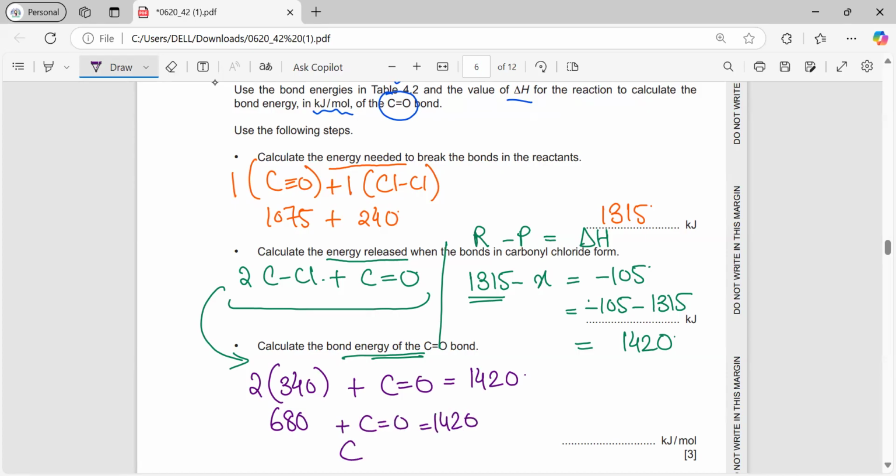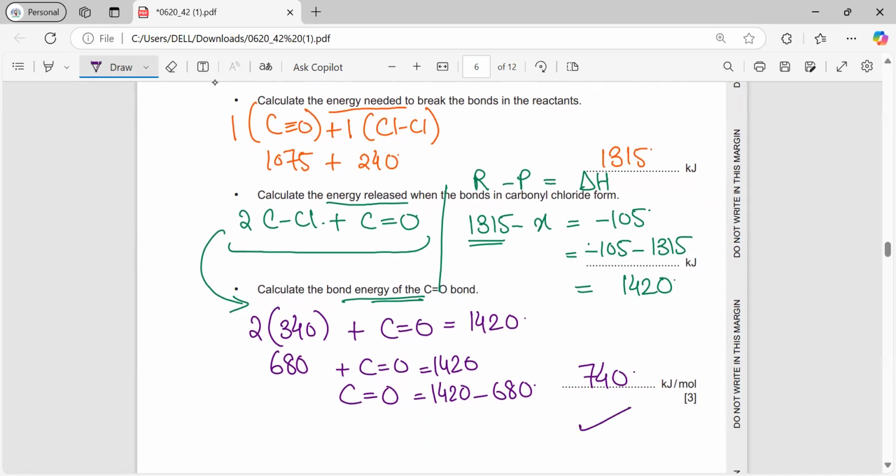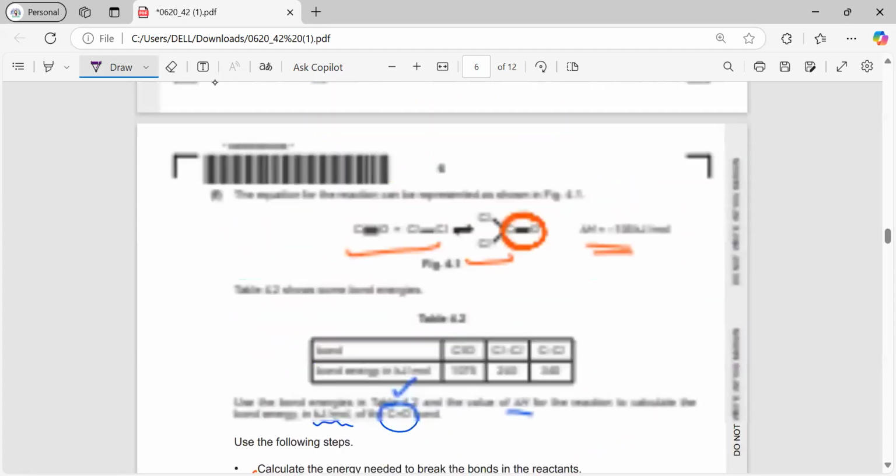We'll take it on the other side. 1420 minus 680. And the answer comes out 740 kilojoules per mole. So that's the solution. That's how you will find out the bond energy of any substance. First, in the second portion, you will calculate the delta H, and then you will calculate the bond energy of whatever bond is required.